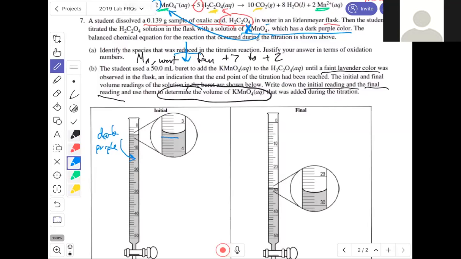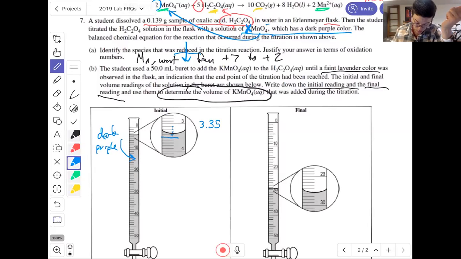So was it like 3.3? 3.3 what though? Because it's between those two. For us on these burettes, if the meniscus is between 2 marks, call it a 5. So it's between the 3 and the 4, so we're going to say 3.35.